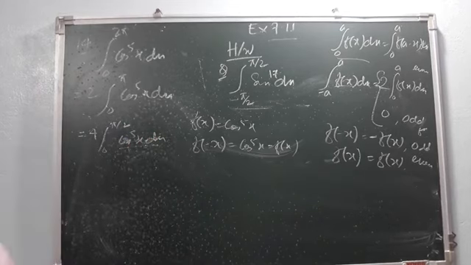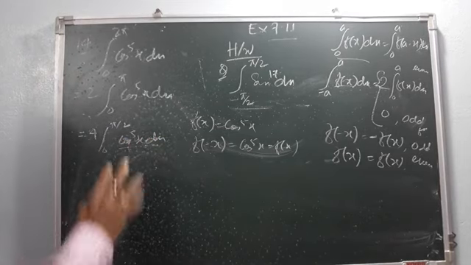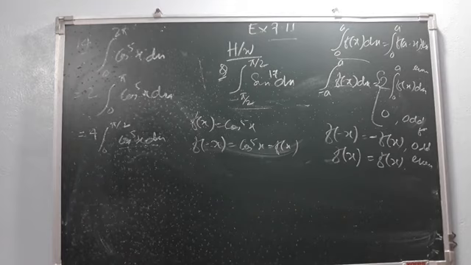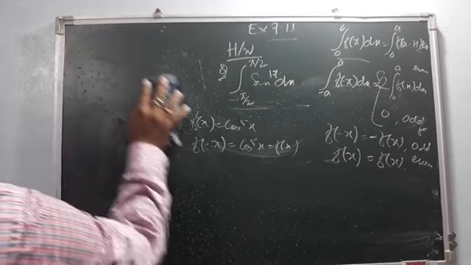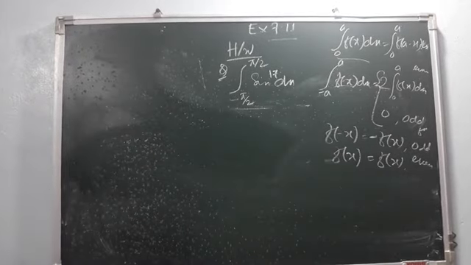Then we can do this with the help of cos(90 minus x) like that also. This is a similar procedure we have done earlier, so no need to do it again. Now we will do question number 15.